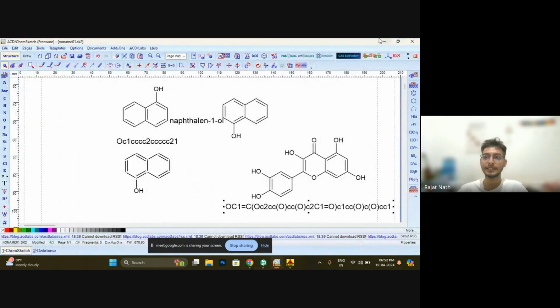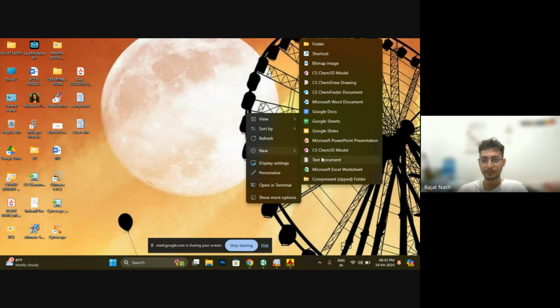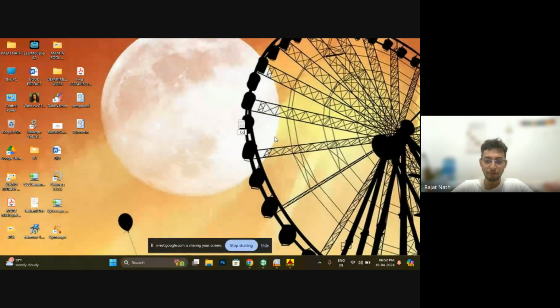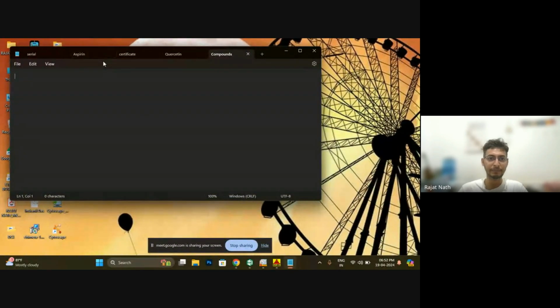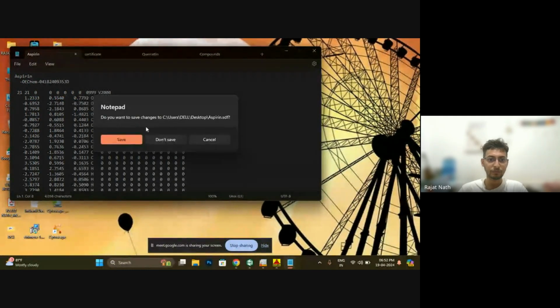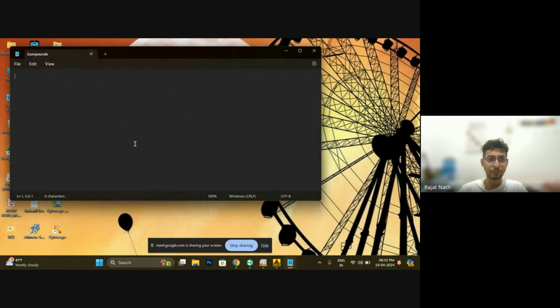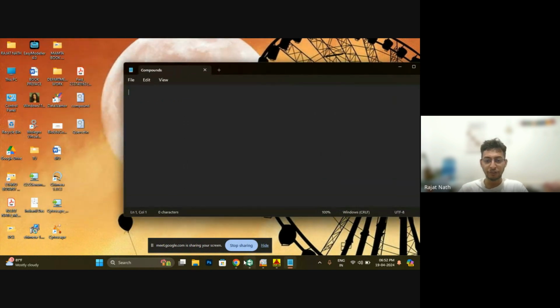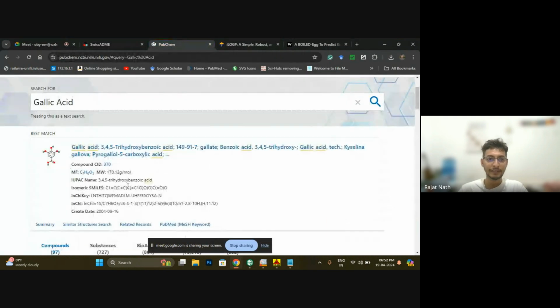First of all, you just need to open a notepad. I am naming this file compounds. This is the notepad I have created. So what can I do? I will go to the PubChem server and search for the compound gallic acid.